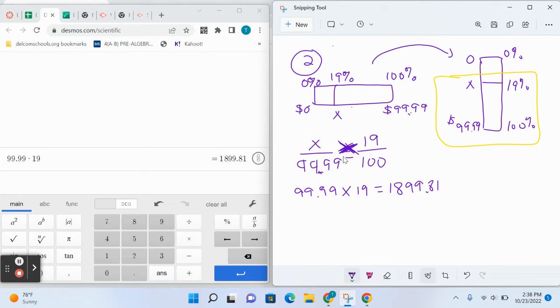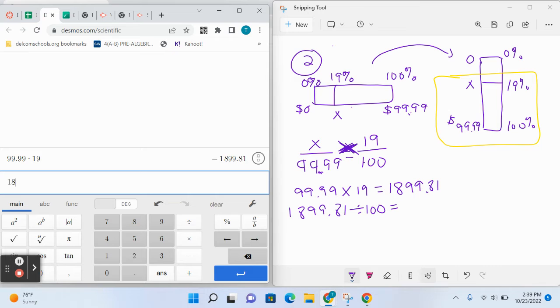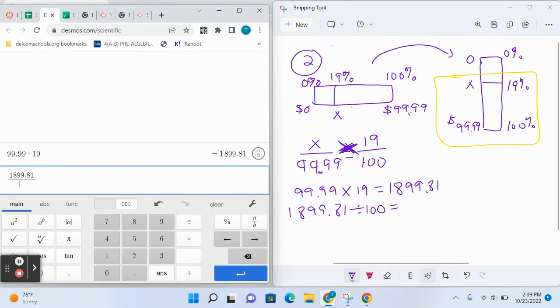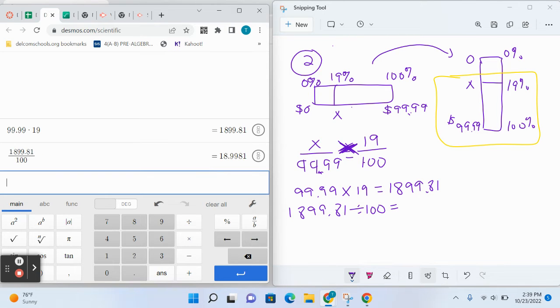The wing that has a missing number, we divide by that number, the 100. If you saw the other video, when you divide by 100, you basically just move the decimal 2 to the left. You should be getting 18.9981.